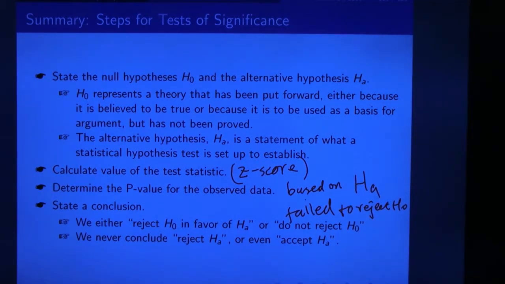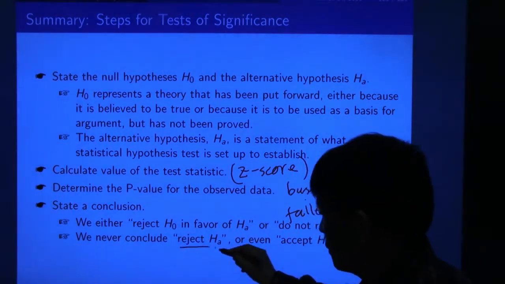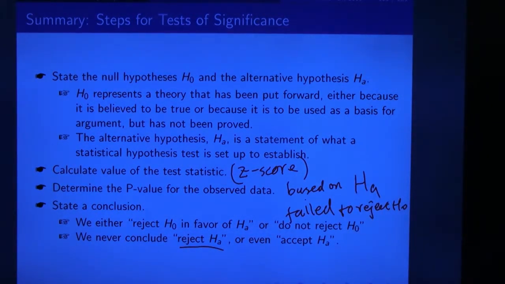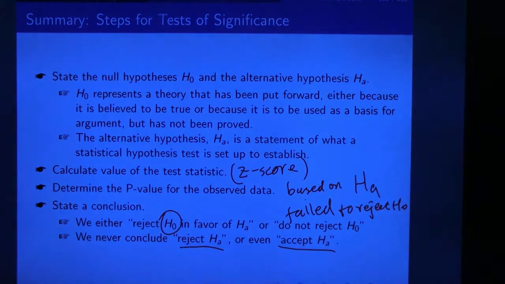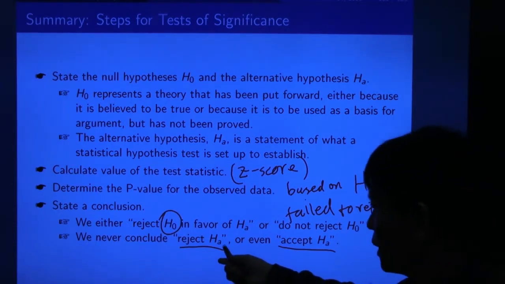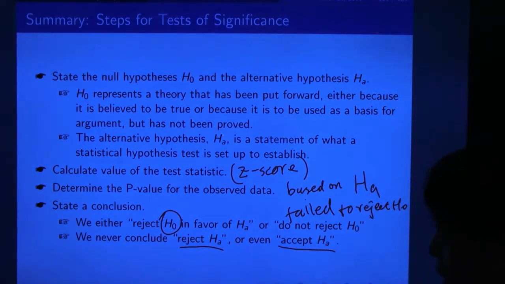We never conclude we reject HA, or even we accept HA. Our conclusion is always on H0. We reject H0, or we fail to reject H0. That's all. Don't say we reject HA or we accept HA. All these are wrong.